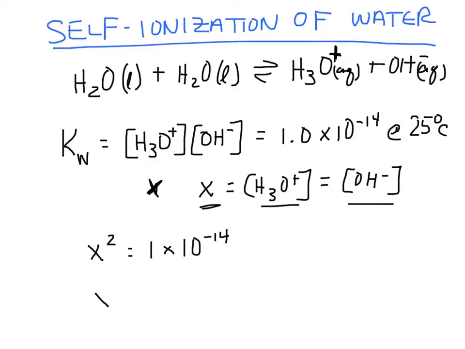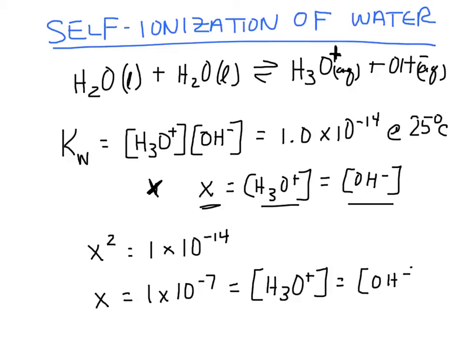Calculating for X then, X therefore is going to equal 1 times 10 to the negative 7th, which equals, so we're going to substitute in, hydronium ion, and that's also going to equal our concentration of hydroxide ions. So that's where we get our 1 times 10 to the negative 7th for each.